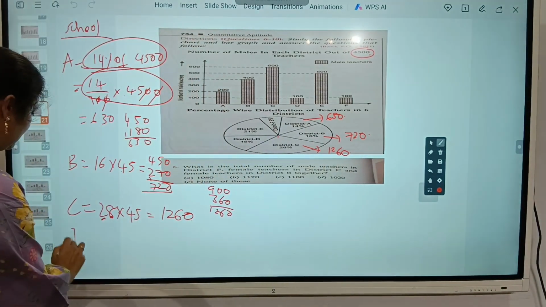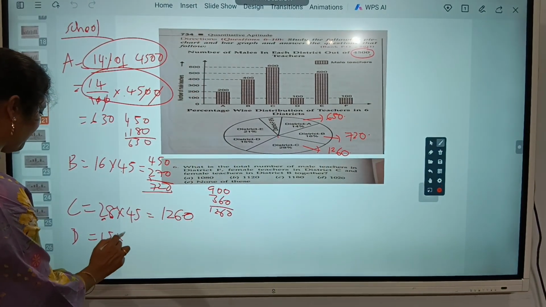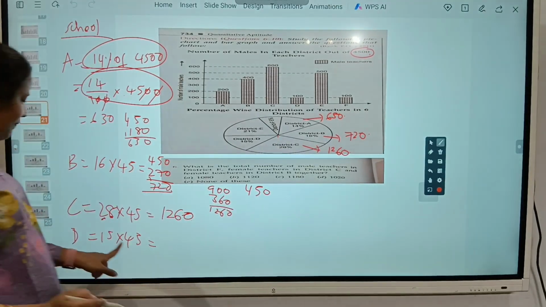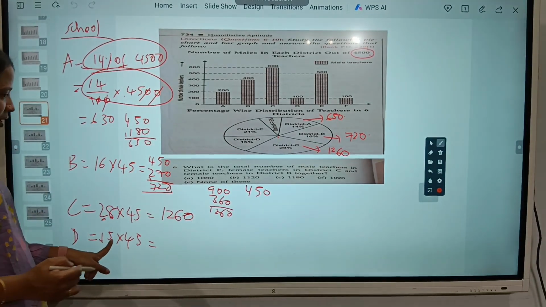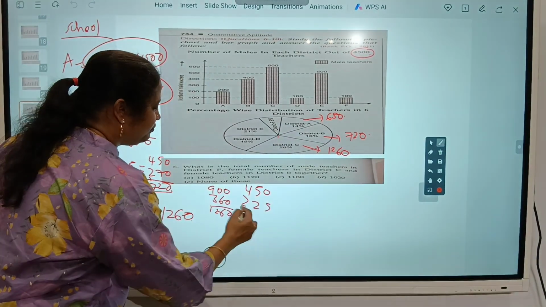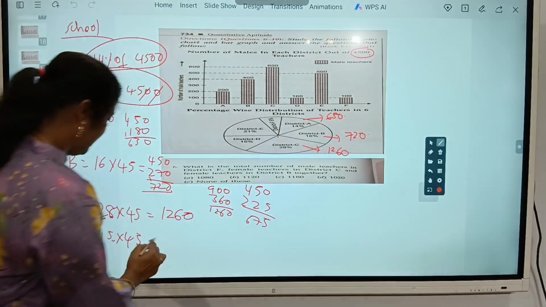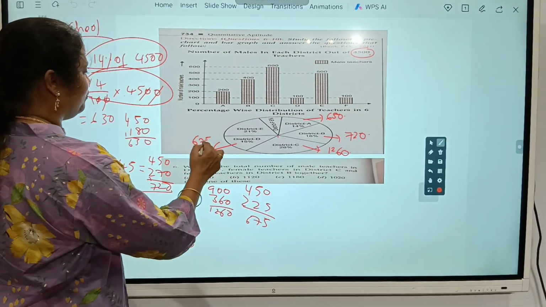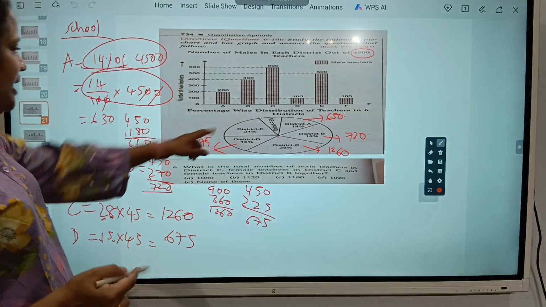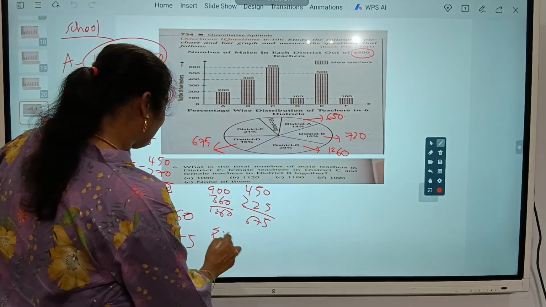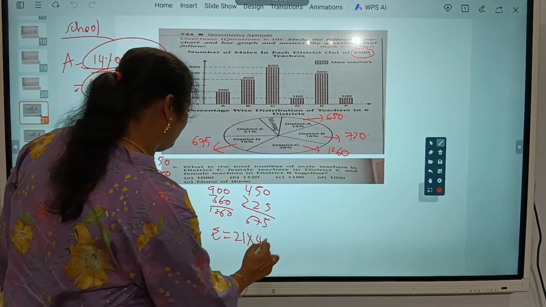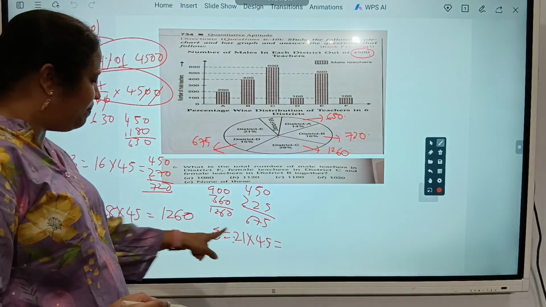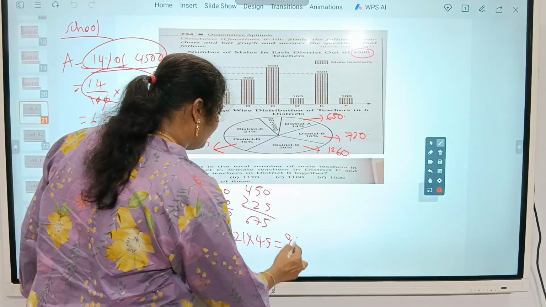In D it is 15 into 45, means 450, 45 10s are 450, 45 5s are 225, so it is 675. In D it is 675. Again in E, it is 21 into 45, means 45 20s are 900 plus 45, 945.